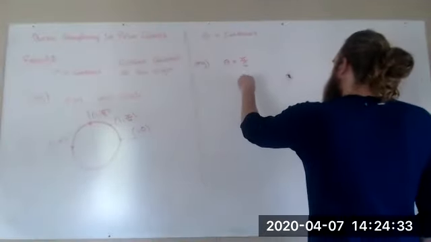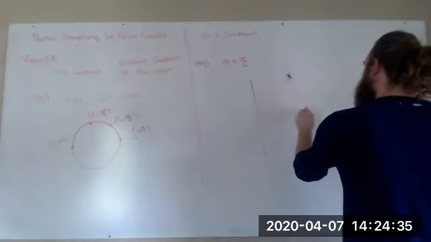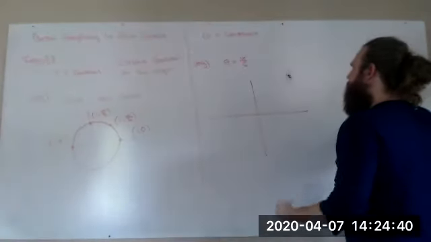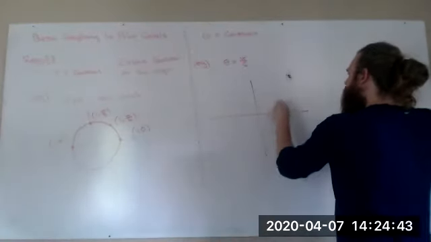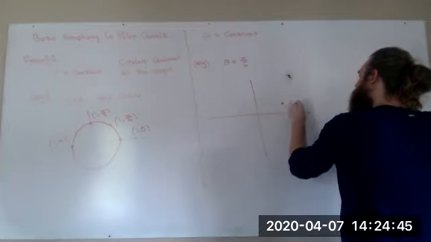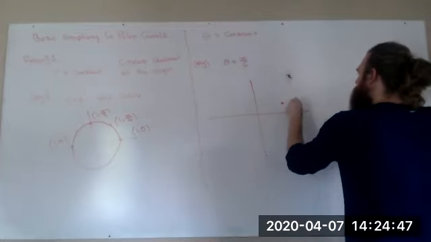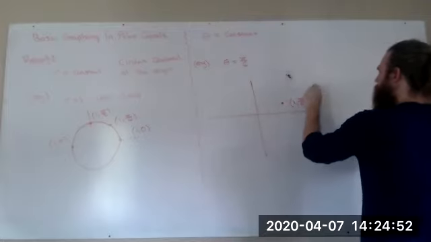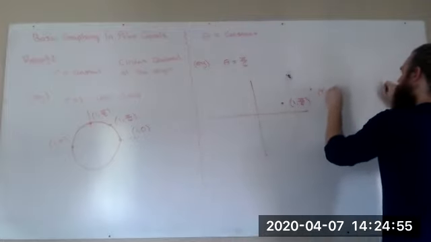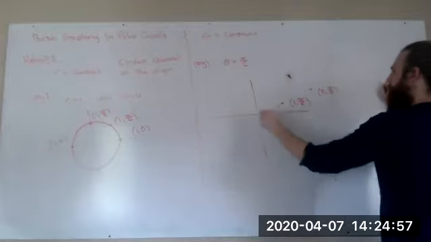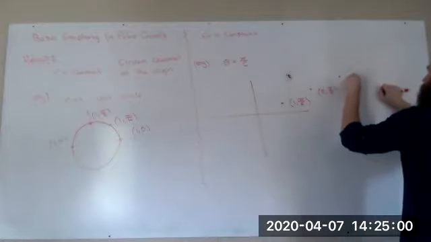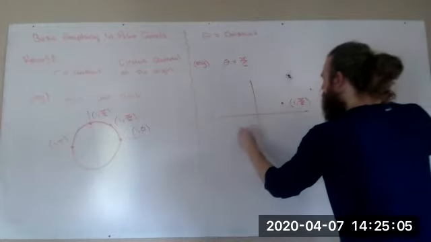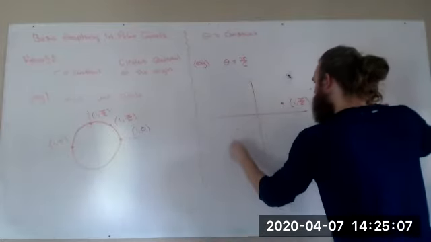Here, if I were to build a table and see how theta changes with r, this says no matter what r is, theta is always going to be pi over 6. For example, then I would have the point 1 comma pi over 6. I would also have the point 2 comma pi over 6. And I would have the point 3 comma pi over 6. I could look at the point -1 comma pi over 6.